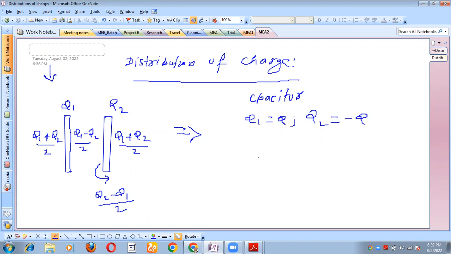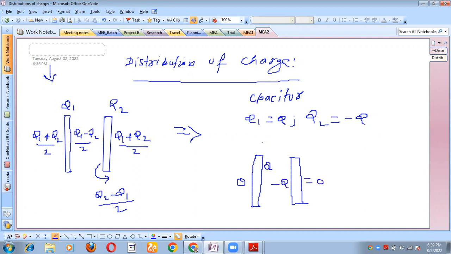So what will be the charge on the first plate? We see that this charge will become 0, and this will become Q1 minus Q2, which means it will become plus Q. Similarly, this side is (Q2 minus Q1) by 2, so it will become minus Q, and this charge will become 0.